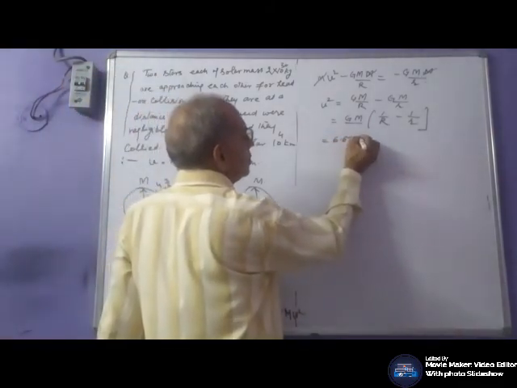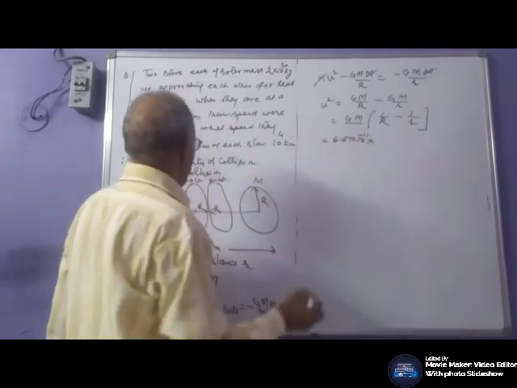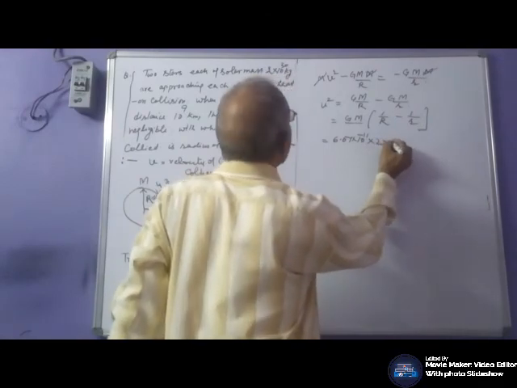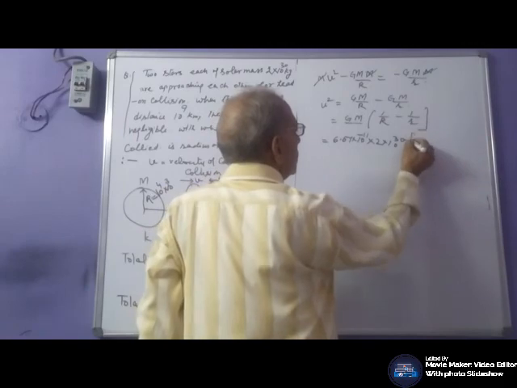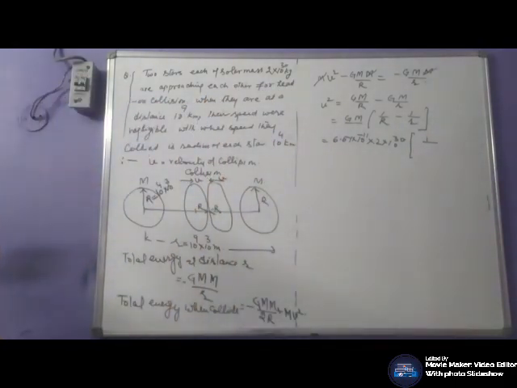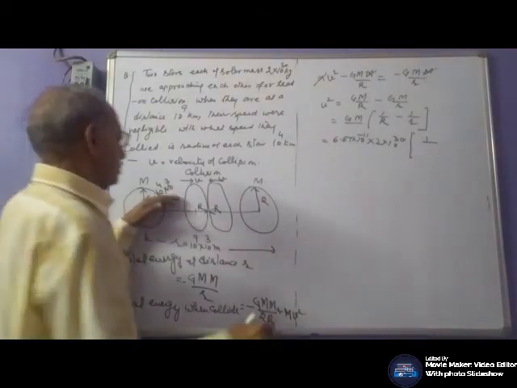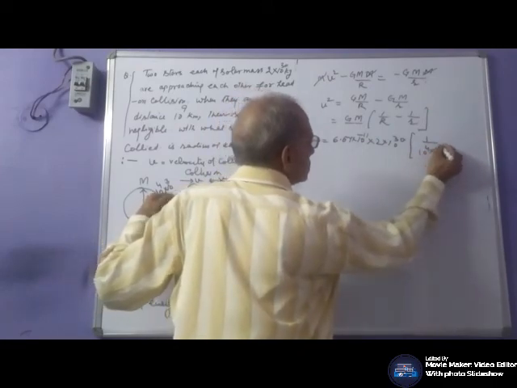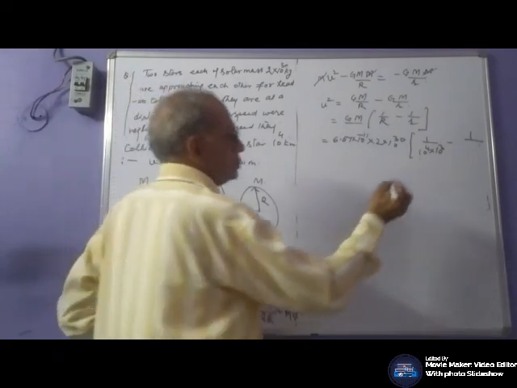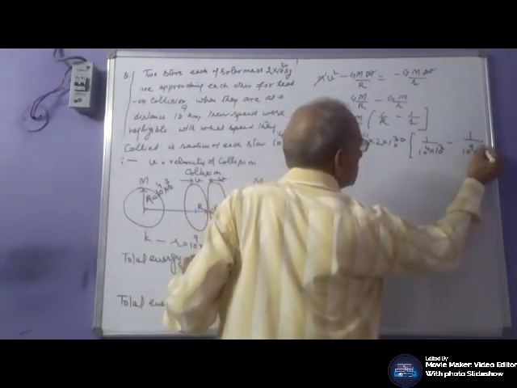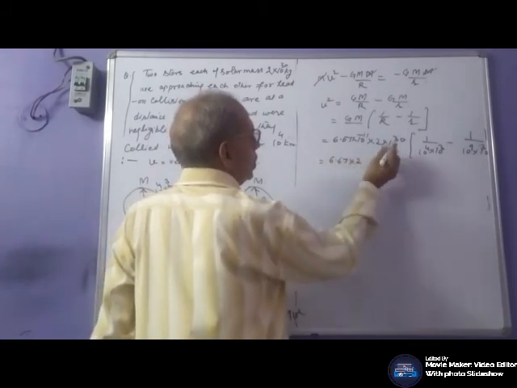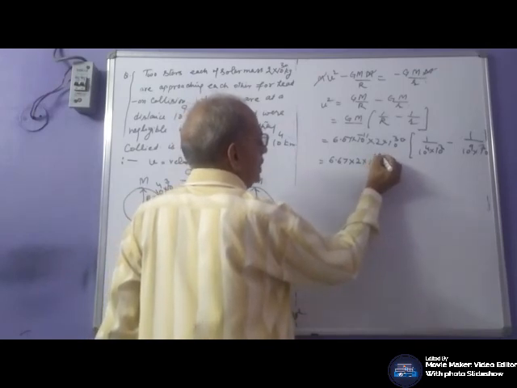G is 6.67 times 10 raised to power minus 11, capital M is 2 times 10 raised to power 30.